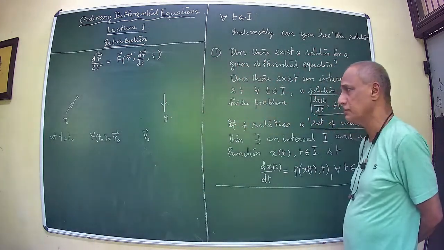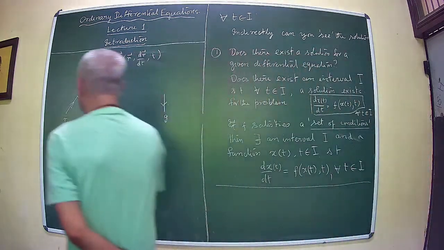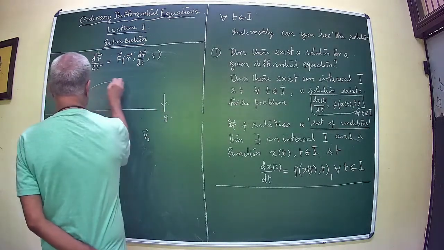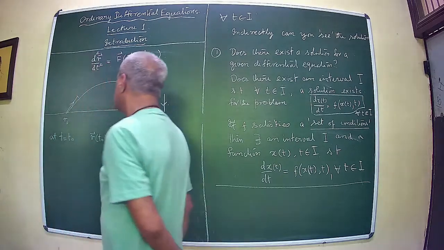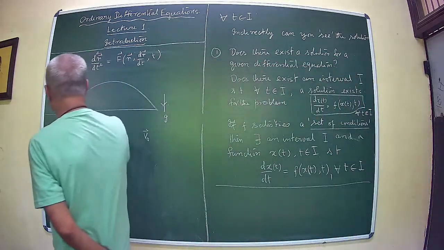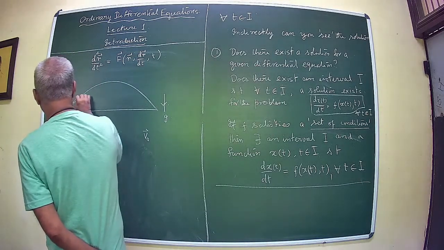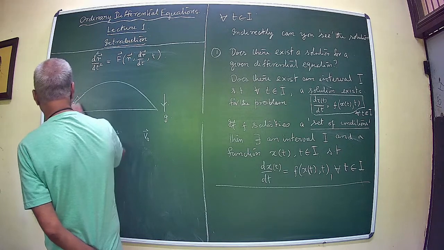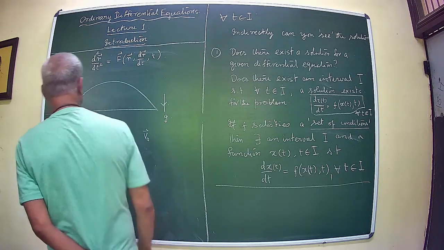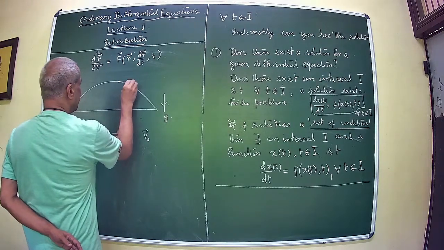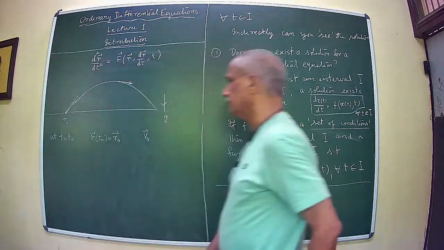Then what happens? You would have seen that the particle would take a parabolic trajectory. And you see that the path is tangential to the initial velocity at that point, and at every point the velocity is in the tangential direction.